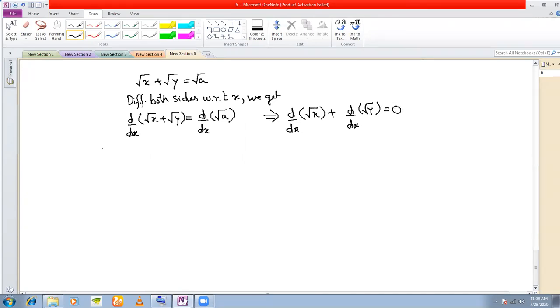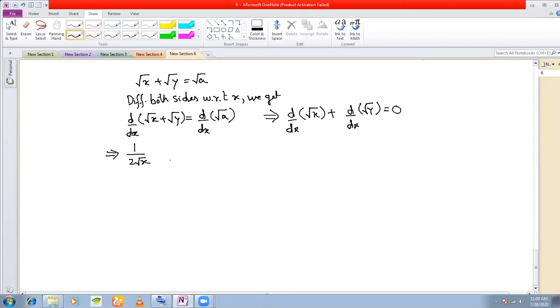Now you tell me, how will I differentiate root x with respect to x? Sir, it will be x to the power 3 by 2. I told you to learn up the differentiation of root x. Yes, sir, 1 by 2 root x.